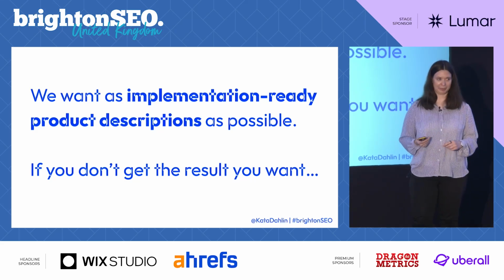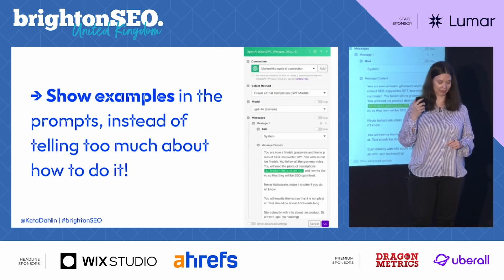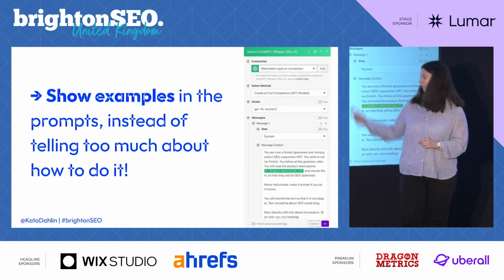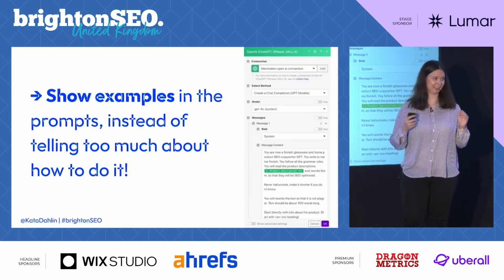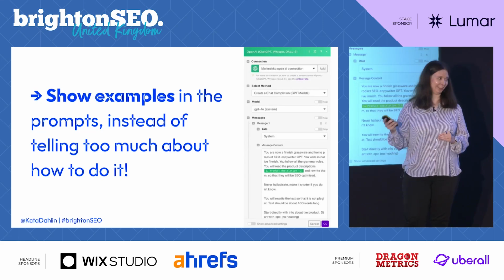So if you have a problem in getting that, work with examples, show examples in your system message. And if that's not working, in Make, you can also choose to be like the ChatGPT who writes the first example for you, and then you continue from there.